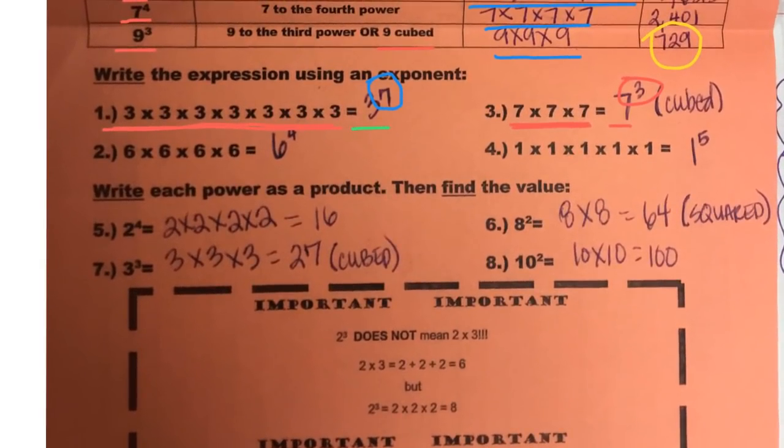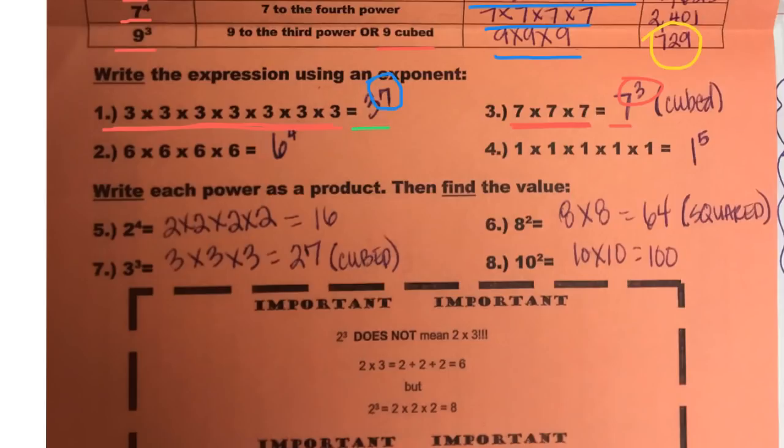Now the last thing here is to write each power as a product. So this one wants our answer because a product is an answer in a multiplication problem. So we have to first expand it like we just did up above, but then we have to answer it.